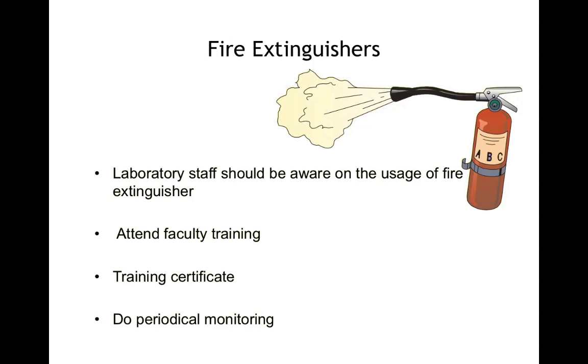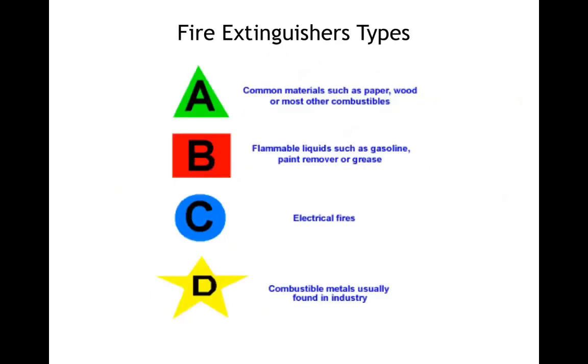You have to rush outward, following proper guidelines. So they shall be trained for that. And good training, then training certificate also, and periodically monitor whether they still know the concepts or they have forgotten everything. Then retraining is required. So at least this training shall be performed once in 12 months.